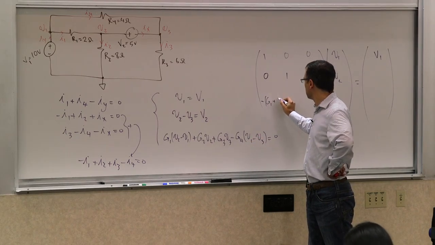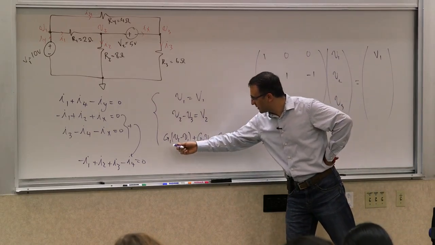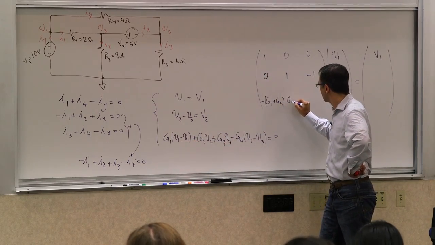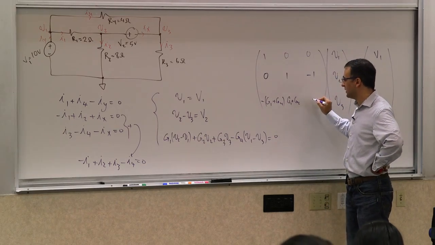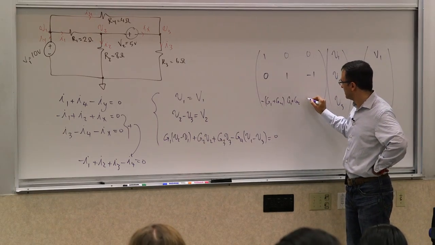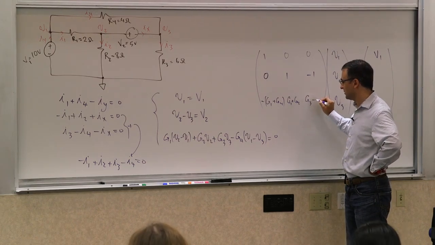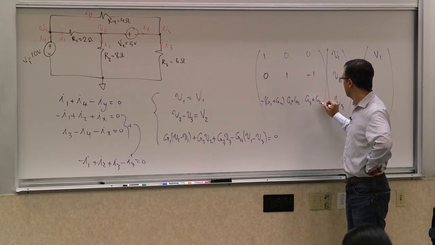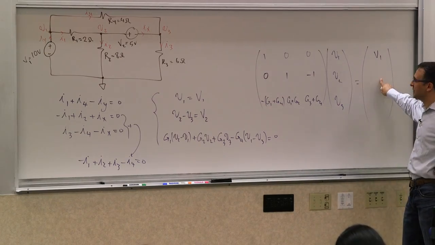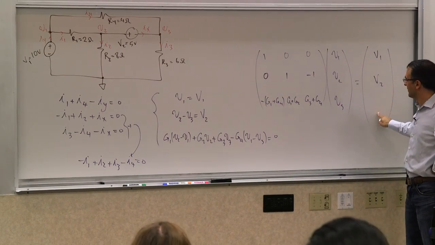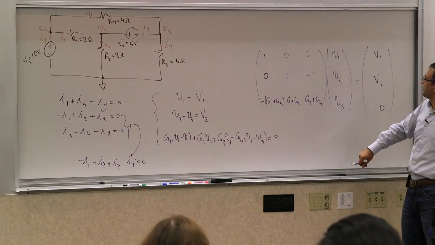Okay, so negative G1 plus G4. How about the V2 terms? Plus G2. Yes, and then G3 and V3, G3 plus G4. Excellent. And how about here? We forgot to put this here. This is V2, and what do we get here? 0.